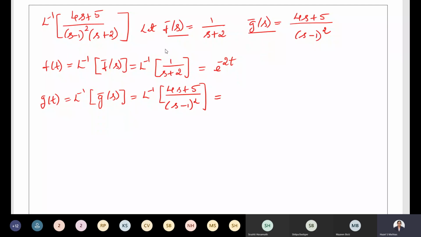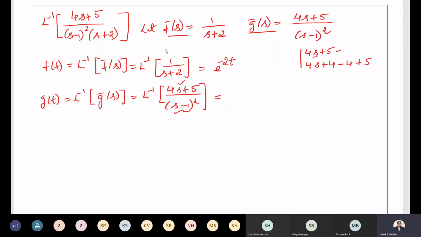So how to evaluate this term? You can see the denominator has an s minus 1 term. If this s also can be written as s minus 1, then we can apply the property. I'll write it here: 4s plus 5. You want to write this s as s minus 1, so for 4s, you add 4 and subtract 4.